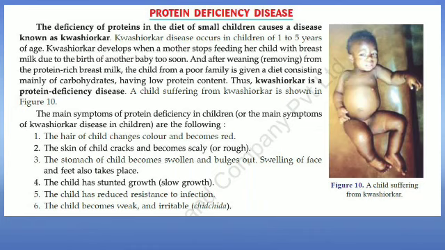Kwashiorkor develops when a mother stops feeding her child with breast milk due to the birth of another baby too soon. Understand? And after weaning, that is removing the child from the protein-rich breast milk, we all know, children, that breast milk is rich in protein, isn't it? The child from a poor family is given a diet consisting mainly of carbohydrates having low protein content.